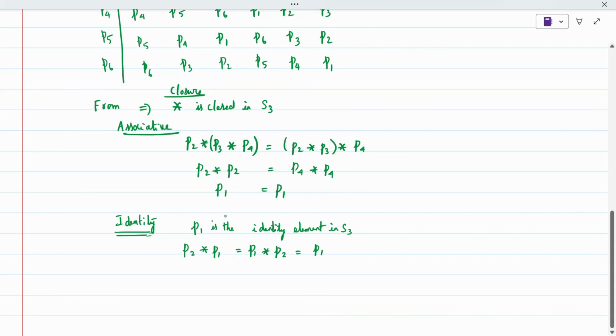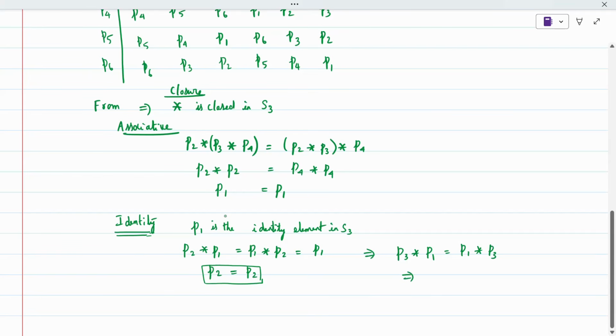Okay, so now you check it. P2 into P1 is nothing but P2. Same way, P1 into P2 is nothing but the same P2. We are getting the same element. Same way, P3 star P1 equal to P1 star P3. You check.